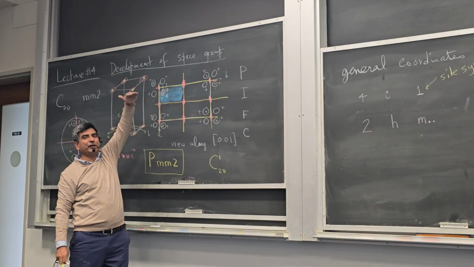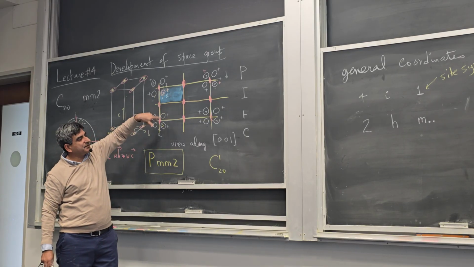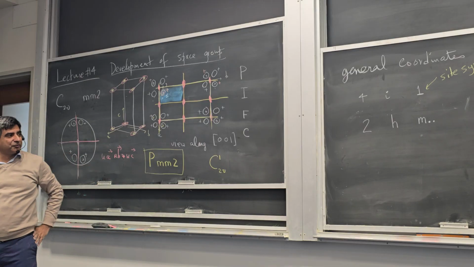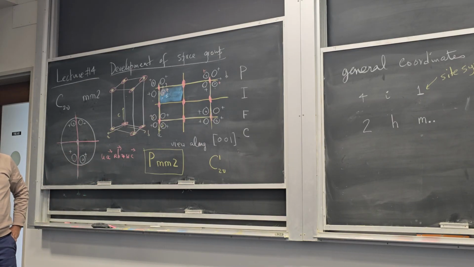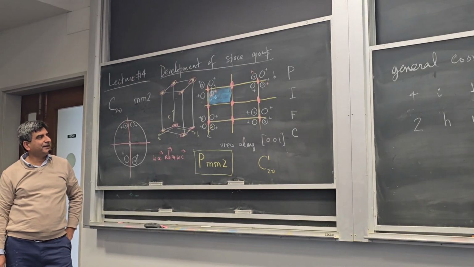Now if there is any point on this mirror plane, this entire mirror plane, then by the symmetry constraints of this space group, there has to be a point at half, minus y, z.